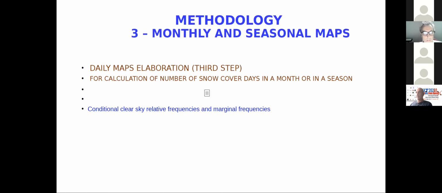Okay, the third step of the methodology is the production of monthly and seasonal maps with the calculation of number of snow-covered days in a month or in a season. Because there are again some cloudy pixels in the daily maps, we assume this hypothesis, that the conditional clear sky relative frequencies of snow cover and the marginal frequencies of snow cover in a month are equal.